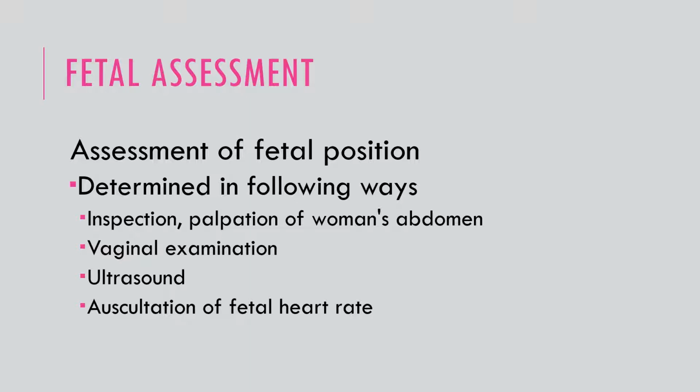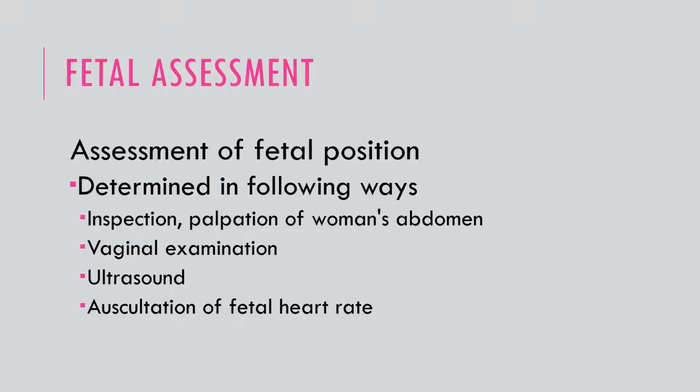Okay, so from a fetal standpoint, what types of things do we look for in the baby? Well, we can assess fetal position in several different ways. We can inspect the abdomen. We can palpate the abdomen using Leopold's maneuvers. We can do a vaginal exam and determine what our presenting part is.